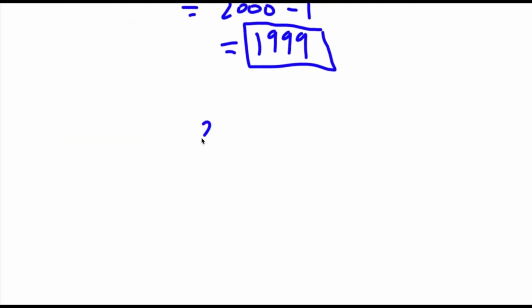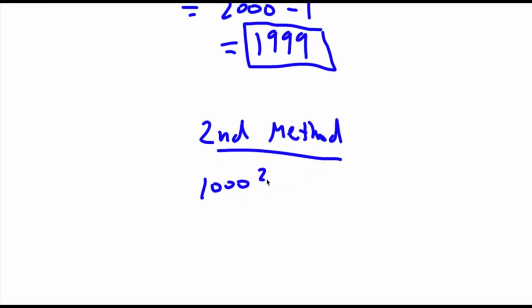Now, my second method to solving this problem, well, we again start with 1000 squared minus 999 squared. And now, last time I replaced 999 with 1000 minus 1. This time I'm going to replace 1000 with 999 plus 1.